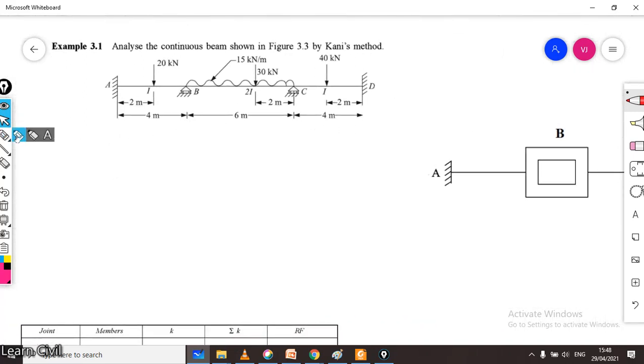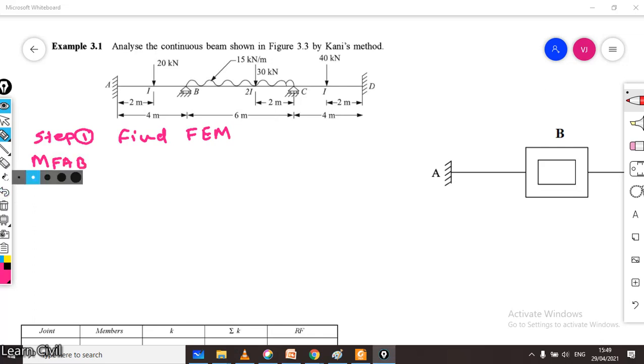Step number one is to find the fixed end moment. MFAB is equal to, we know the equation for calculating the fixed end moment for a beam subjected to a point load: minus WL by 8.